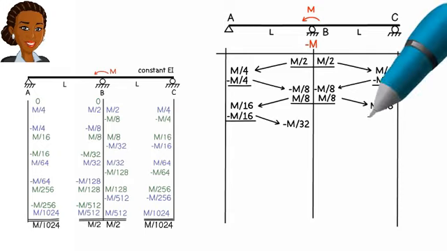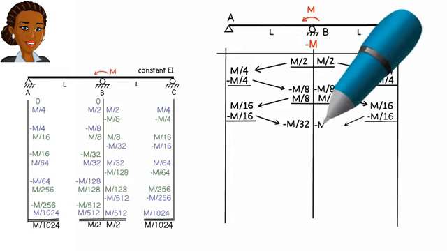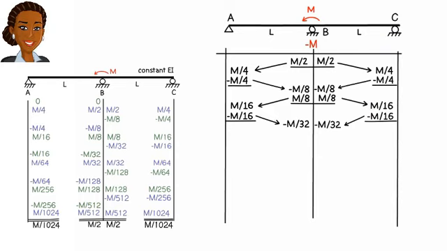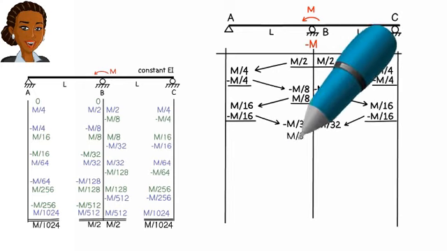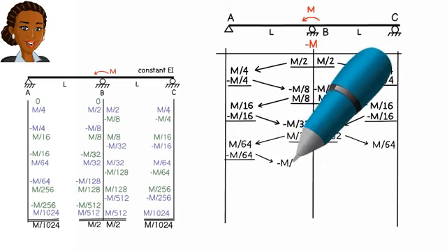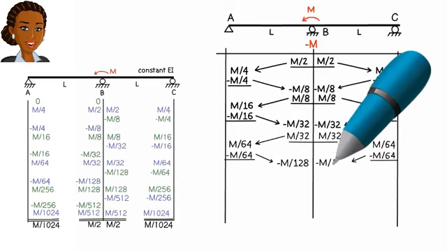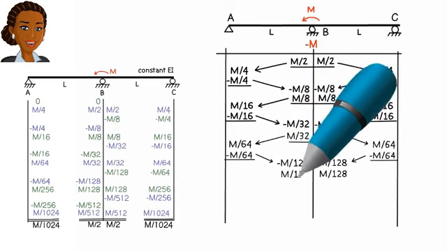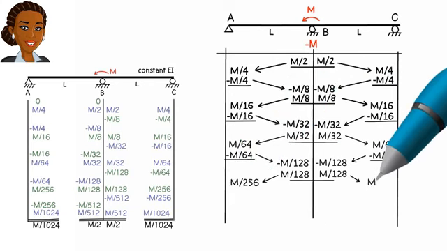Balance joint C, then carry over half of the balancing moment to the other side. Back to joint B, balance the joint and carry over half of the balancing moments to joints A and C. This process continues until we are satisfied with the accuracy of the results, until the moment values become small enough to be ignored.